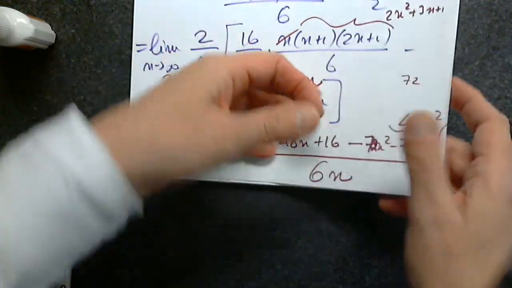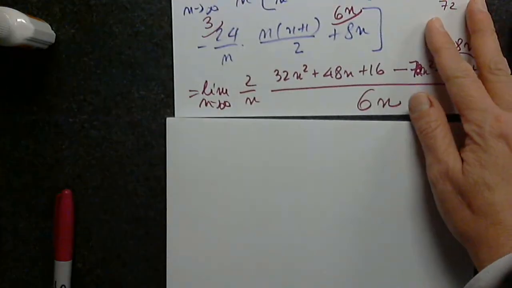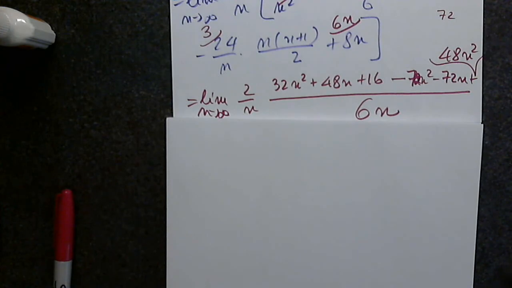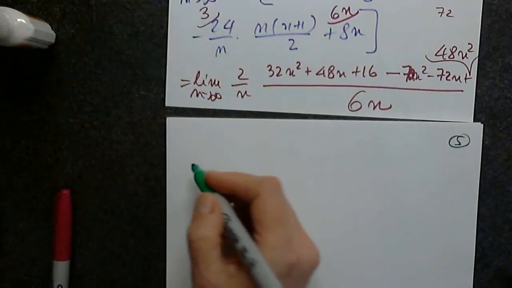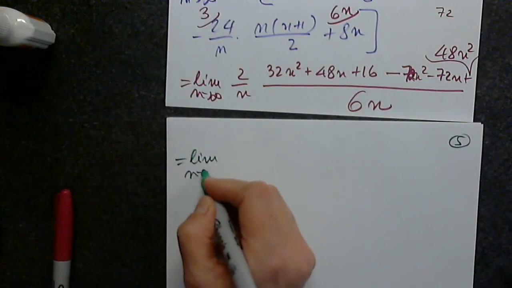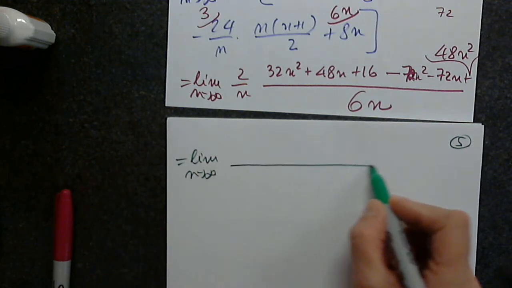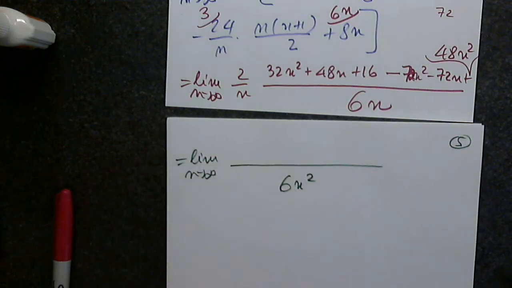And now we combine like terms. So this is the limit as n approaches infinity. Now the denominator is 6n squared.